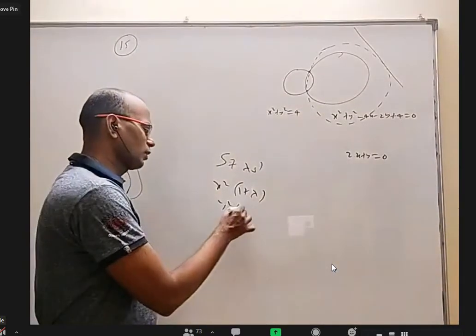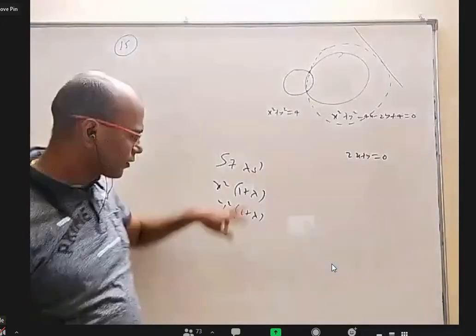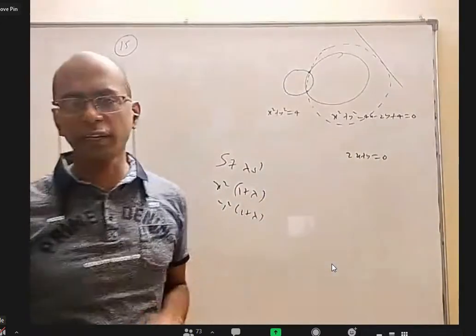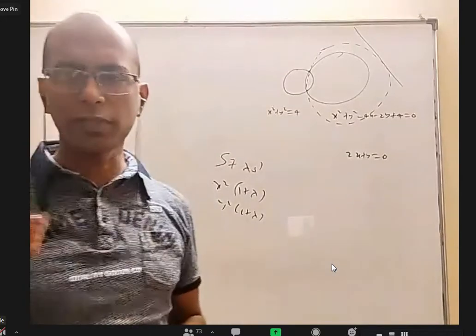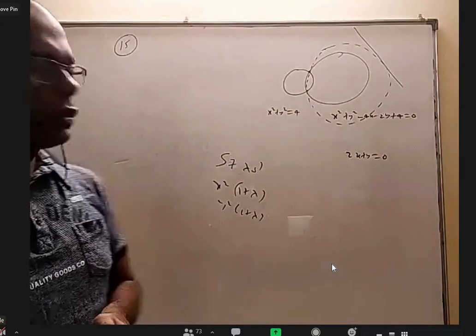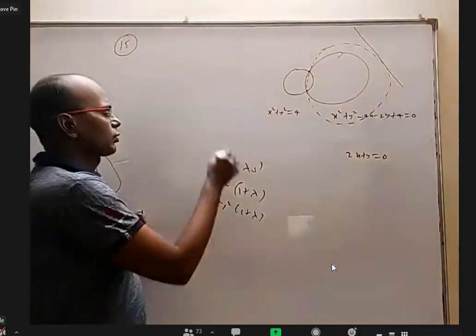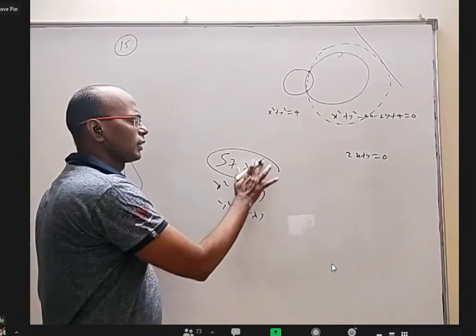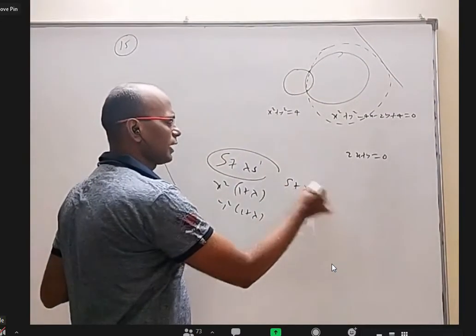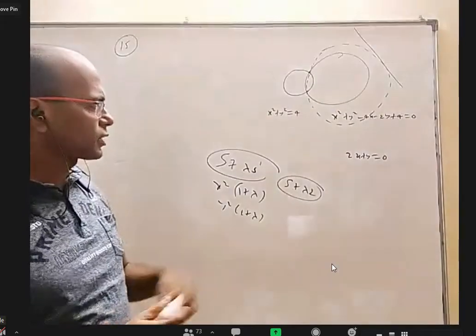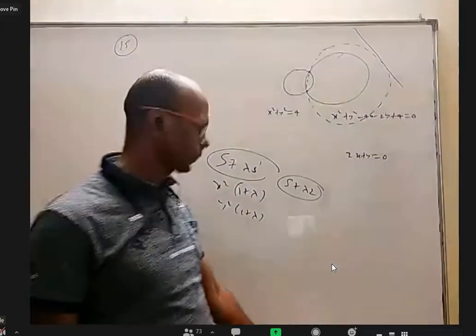Coefficient of y square will be 1 plus lambda. So I have to divide with 1 plus lambda to find the center and radius. It will be little complicated. It doesn't come so nice. So even though theoretically nothing wrong, you can take s plus lambda s dash, but s plus lambda l is more convenient, because x square y square coefficients are 1 here.